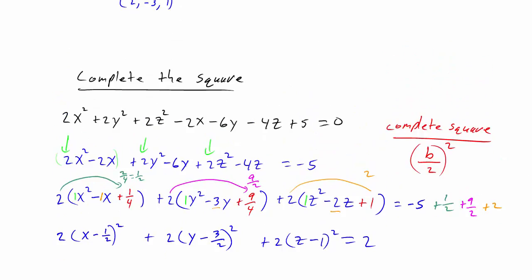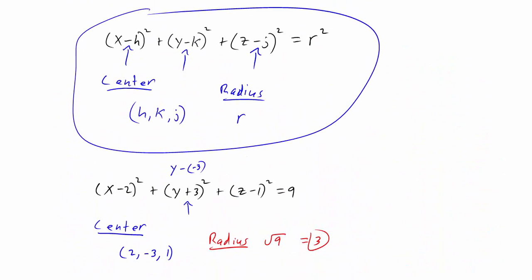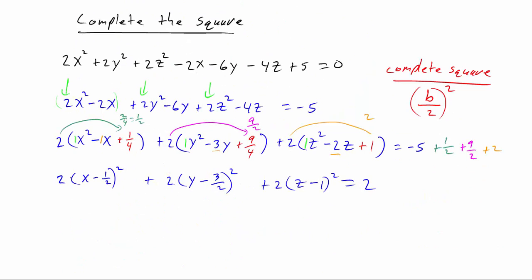Now, if we go back up here and look, our standard form is x minus h squared plus y minus k squared plus z minus j squared equals r squared. So there's nothing multiplied in front of those. So here, we need to get rid of the 2 in front of each one of these. So we could simply get rid of the 2 by dividing by 2, which means we have to divide the other side of the equation by 2 as well.